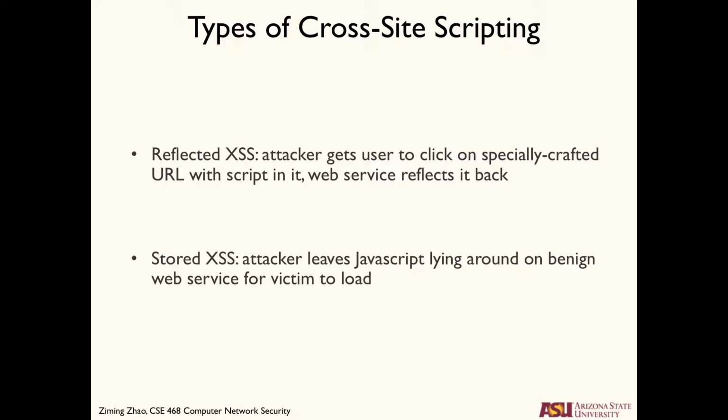But there is also a script included in that URL. So the user's browser will believe that script is also part of the website, which is not true. This reflected cross-site scripting is easier to defend. Basically, you can just disable all those scripts in the URL. We will show a more detailed example later.